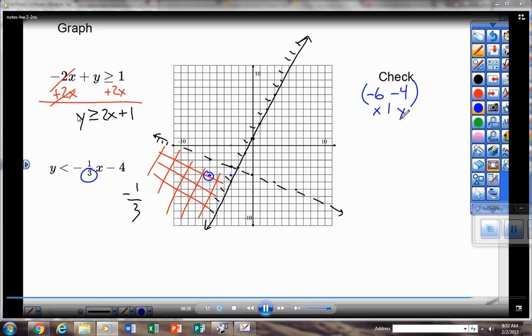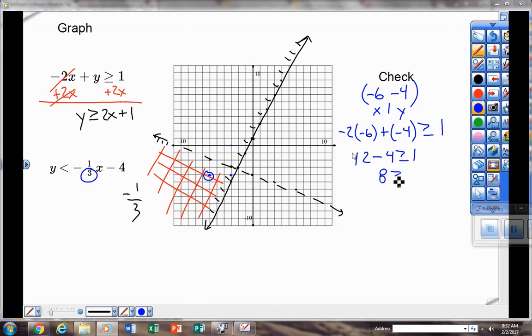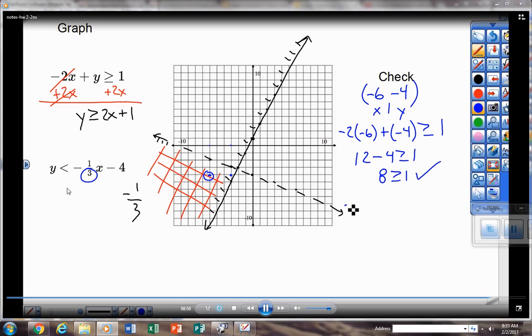I could plug into the original, which I'm going to do here, or the one I solved for y. Negative 2 times negative 6 plus negative 4, where y used to be, gives me 12 minus 4. That's 8. 8 is greater than 1. That is true. So now when I plug in the harder one, negative 4 for y, less than negative 1/3, where x used to be, I plug in negative 6.